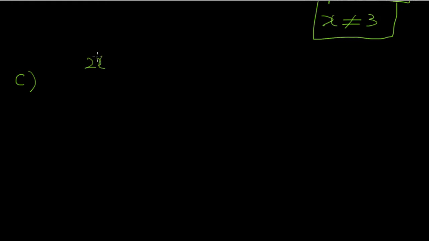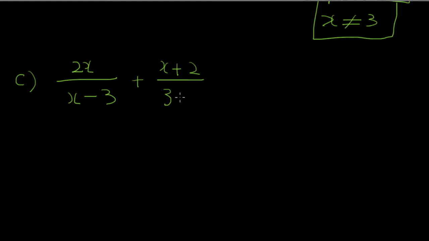Let's say we have 2x over x minus 3 plus (x plus 2) over (3 minus x). Now let's check this one.